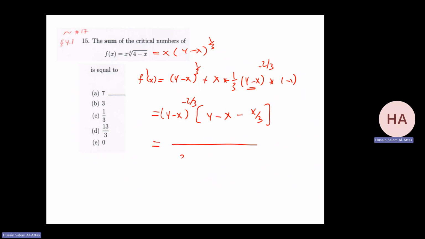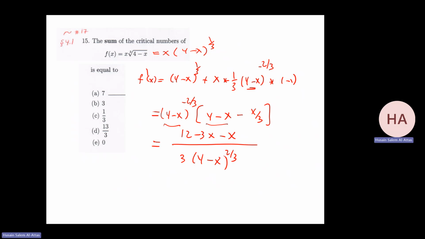Now I have 3 over 4 minus x to the power 2 over 3. Multiply: I have 12 minus 3x minus x. Wait a minute. This is minus x over 3. Be careful with the calculation. This common factor, I have minus x over 3.